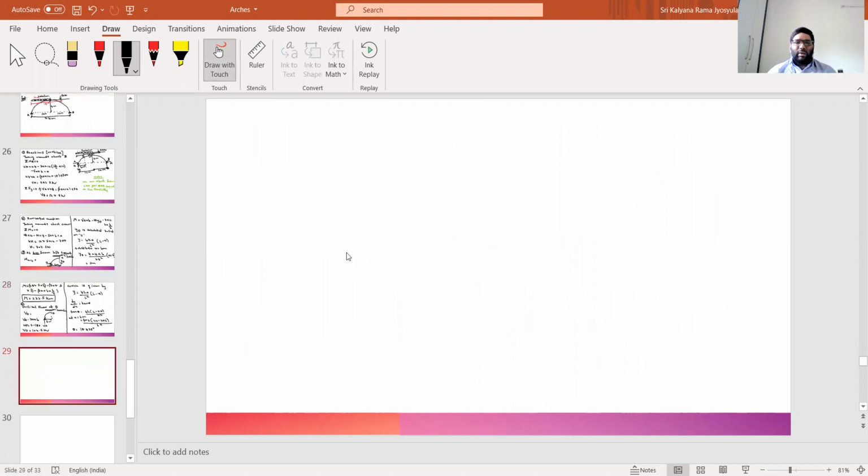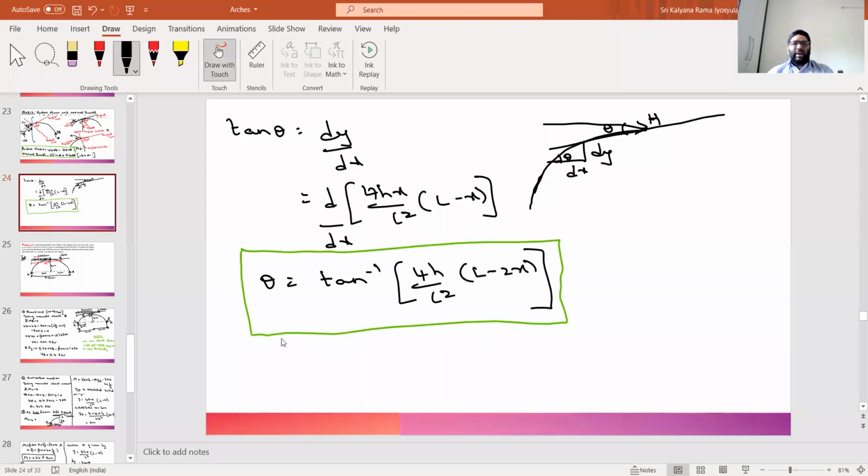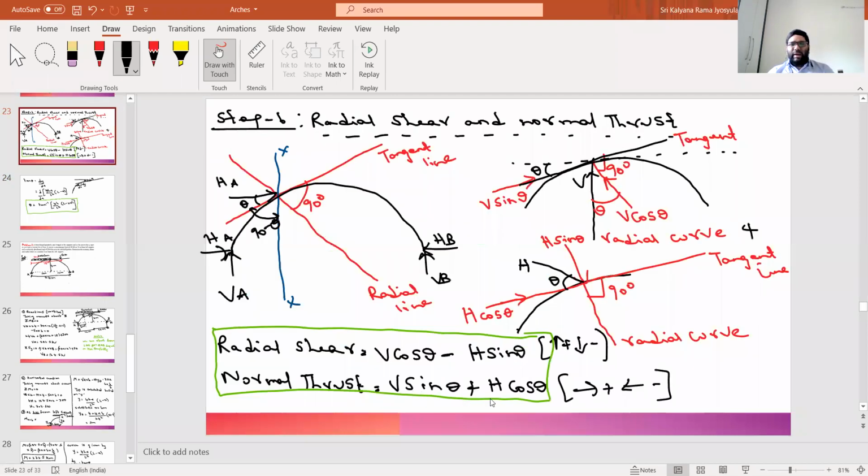Now once we get theta, what do we calculate? Normal thrust and radial shear. So the fifth step, normal thrust at 6 meters, N. We have already derived the expressions for normal thrust and radial shear. In the previous class, we derived theta as tan inverse of 4h by L square into L minus 2x, and normal thrust is V sin theta plus H cos theta, radial shear is V cos theta minus H sin theta.